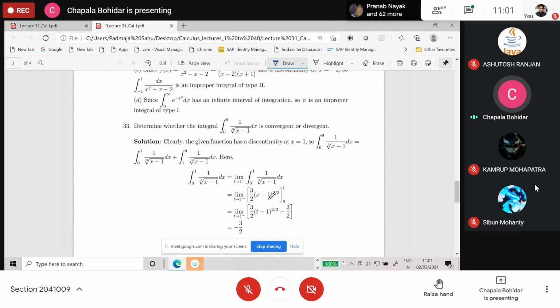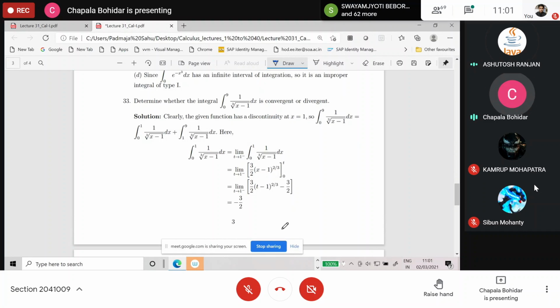It is 2 by 3, and 3 by 2. Okay. It is 0 to t. So 3 by 2, then put the value t minus 1. Then it is minus 3 by 2 when I put 0. Here t tends to 1, we'll get 0. So we'll get only minus 3 by 2.